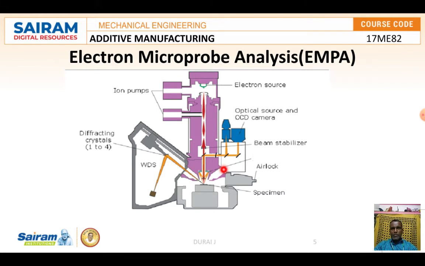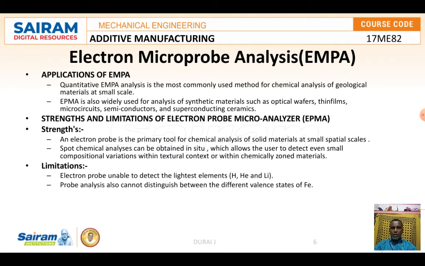It is fully compatible with routine analysis sessions, with easy and direct interpretation of the results. Determination of the thickness and elemental composition from nanometer to thick layers in stratified materials is also possible. So that is the working principle of electron microprobe analysis.